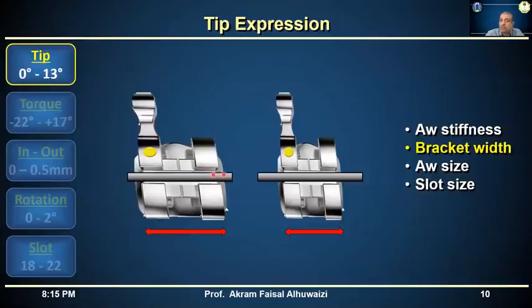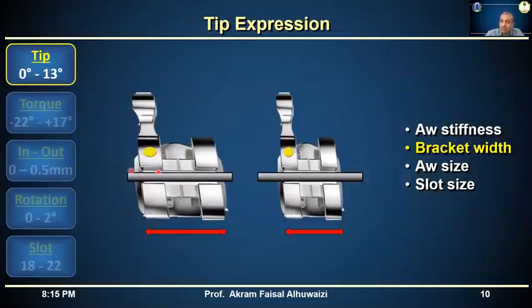So narrow brackets like these generally provide less control on tipping. And this is something to look out for because nowadays there are so many people that like these narrow brackets because they're aesthetic and because they have a wide interbracket distance, allowing for cleaning, and so they're nice. But in cases where you need tip, then you should think about the bracket width.